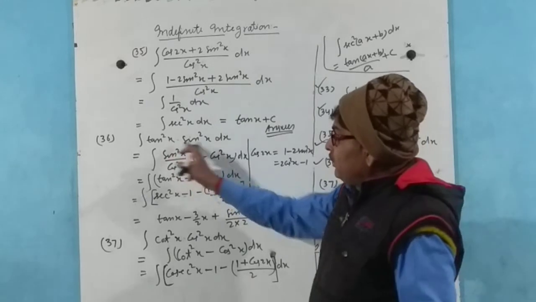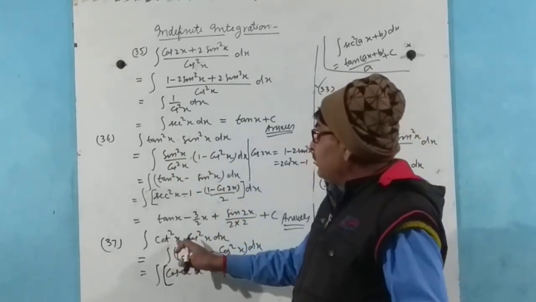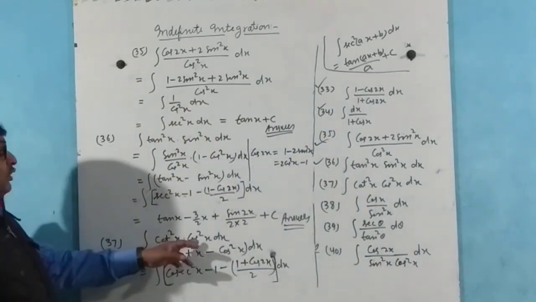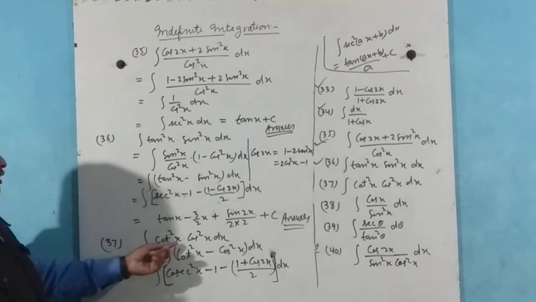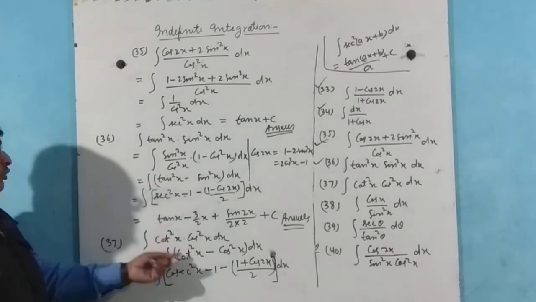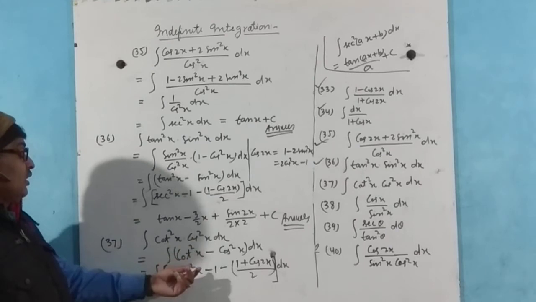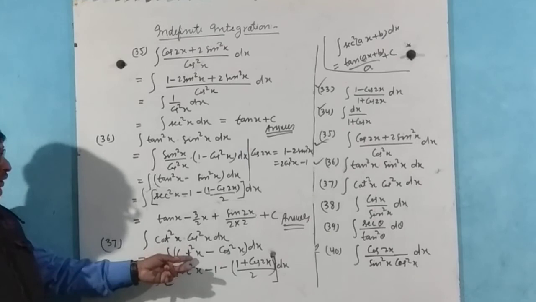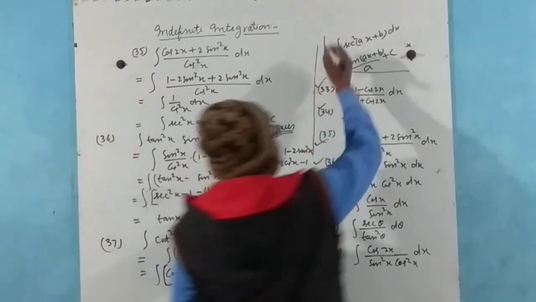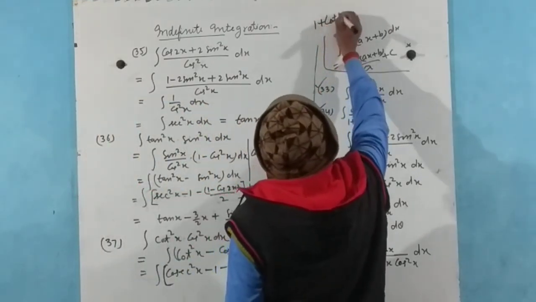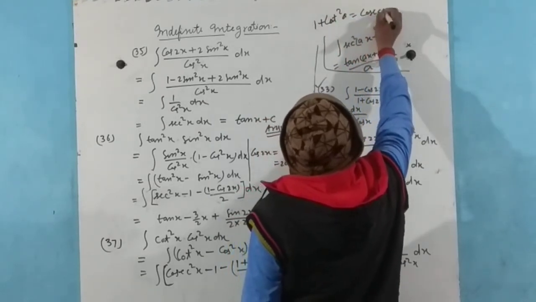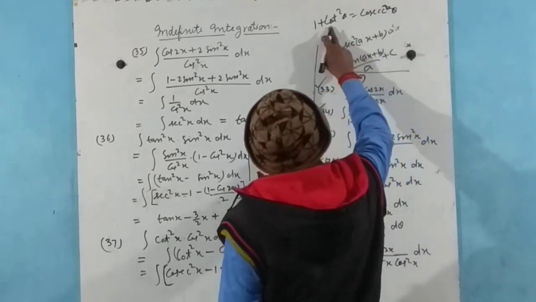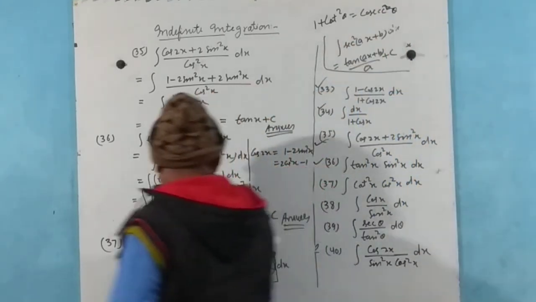Now in a similar sense, here the integration of cot square x into cos square x can be written as cot square x minus cos square x. As you know that 1 plus cot square theta is equal to cosec square theta, so cot square theta is equal to cosec square theta minus 1.